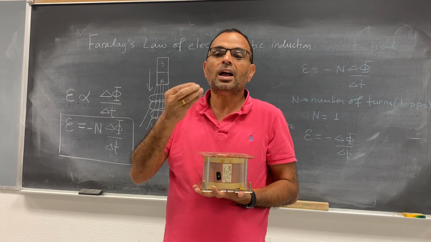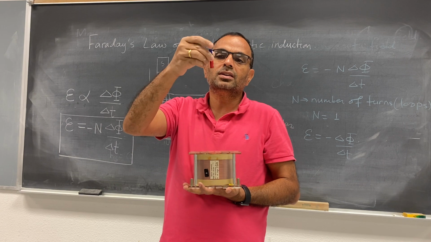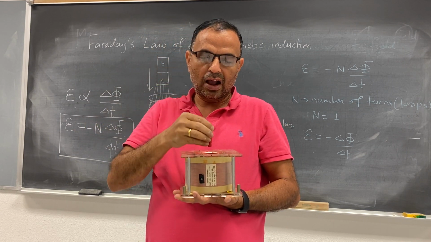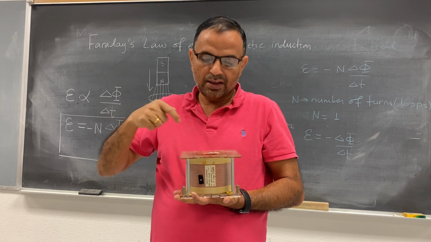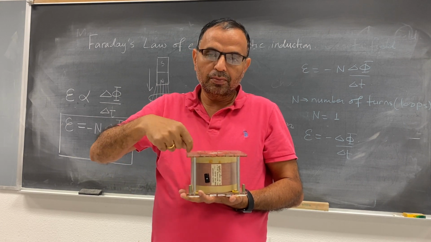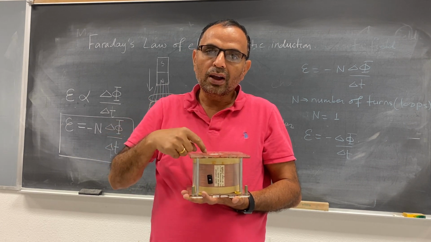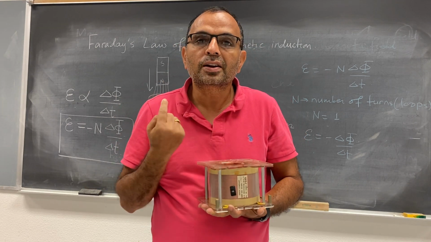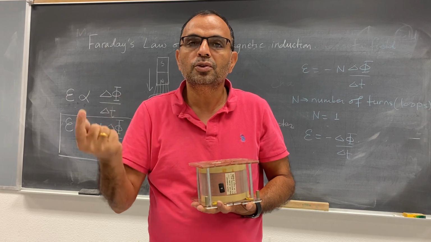Okay, so look here carefully. If I move this magnet down, the electromotive force is developed in the coil. That electromotive force produces the current. And I told you, current produces a magnet.